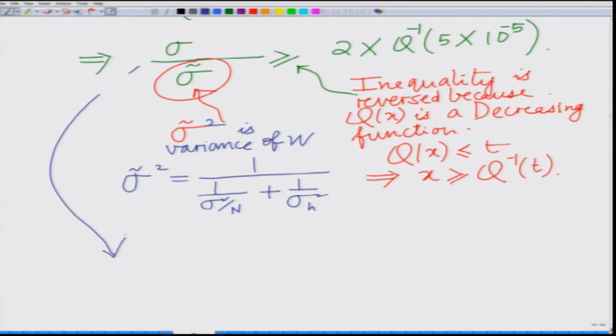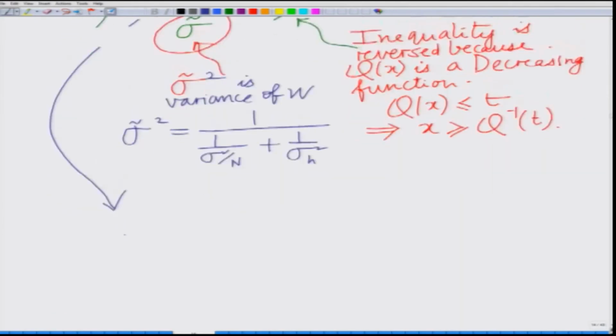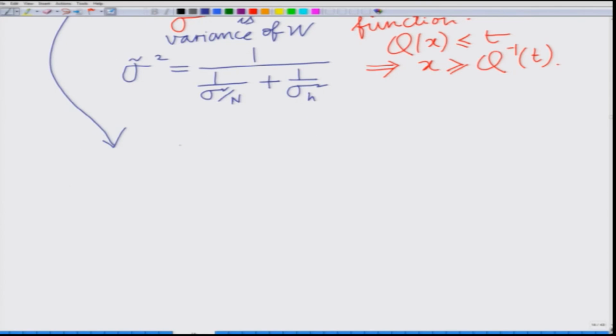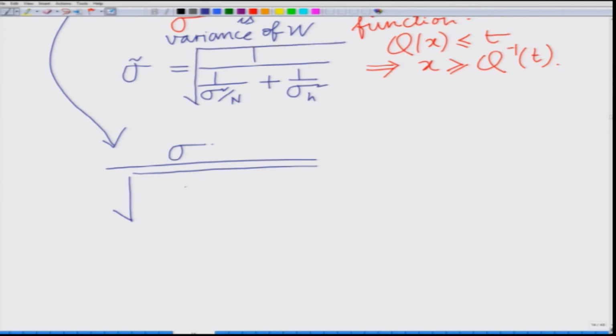So, what does this imply? Basically, sigma tilde equals the square root of this, 1 over square root of 1 over sigma square by n plus 1 over sigma h square.